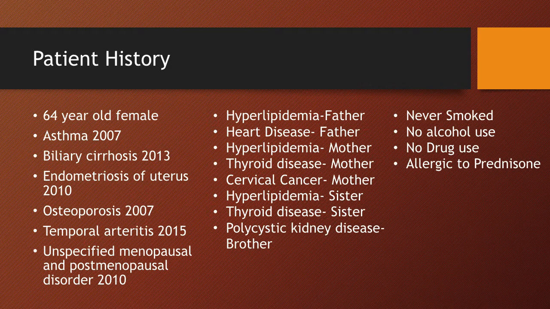So you can see that there's a lot of diseases in the immediate family, and the heart disease from the father. This patient, fortunately, never smoked, never used alcohol nor drugs, but she is allergic to prednisone.